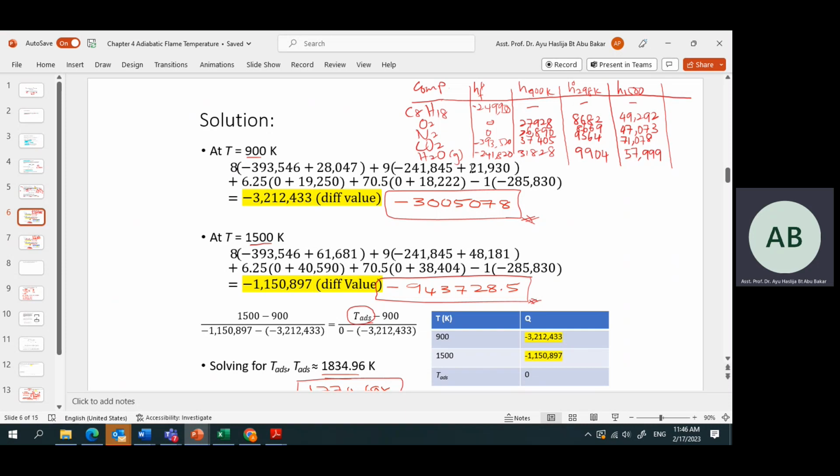You should be getting this figure for the product gases. Once you gather all the info, plug it into the equation to find the enthalpy at T900 and T1500.